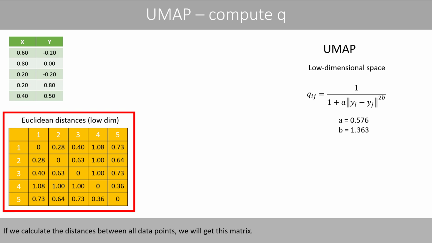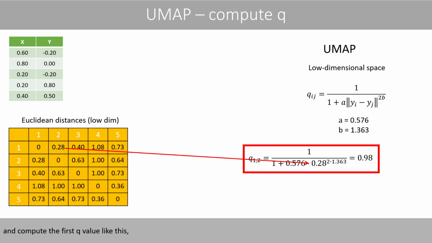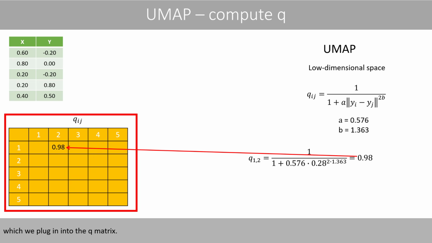If we calculate the distances between all data points, we will get this matrix. We can now plug in the Euclidean distances in this equation and compute the first Q value like this, which we plug in into the Q matrix.